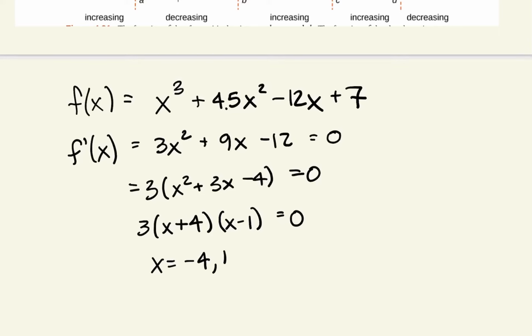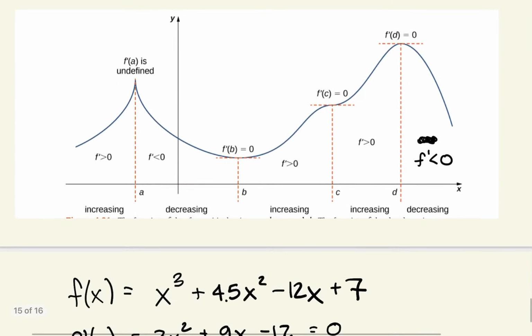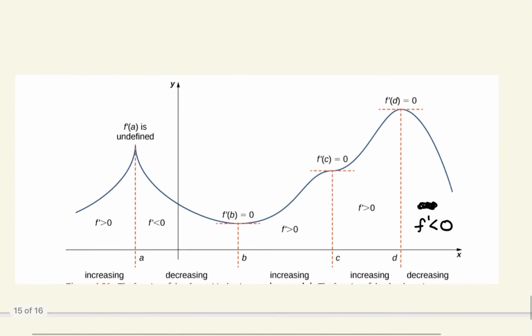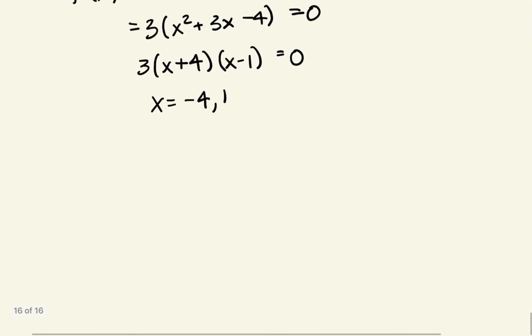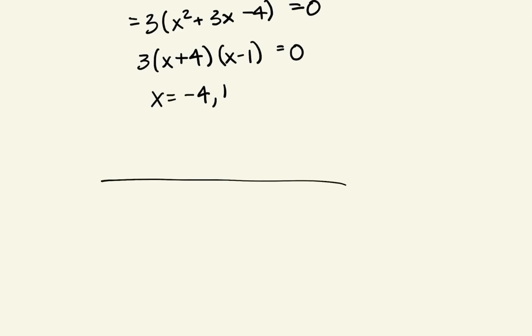Now what we want to do is something similar to what happened in this picture. We want to figure out on each of these intervals what's going on with the derivative. So we'll do something called a sign chart where our critical points split up the whole number line. And what we want to know is what is happening with f prime on each interval.